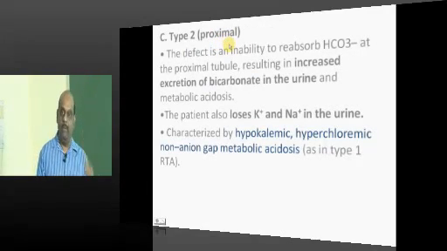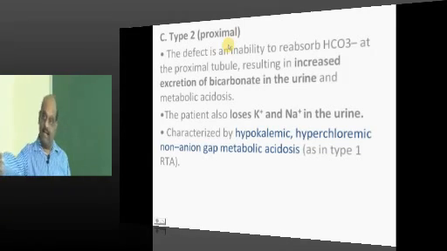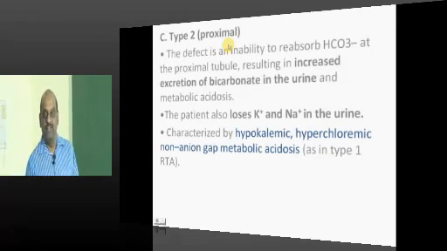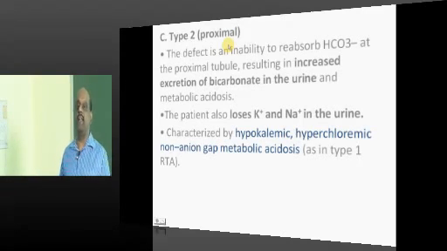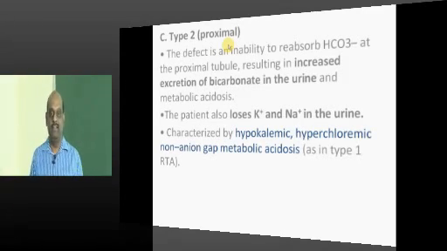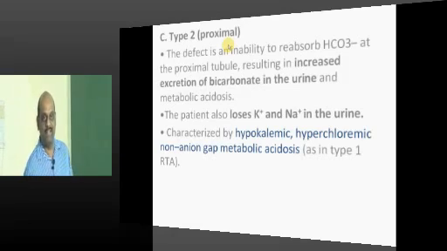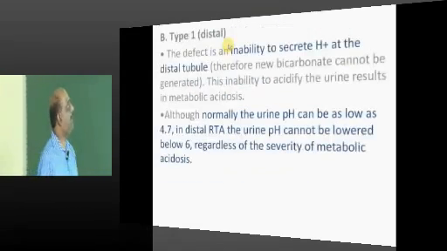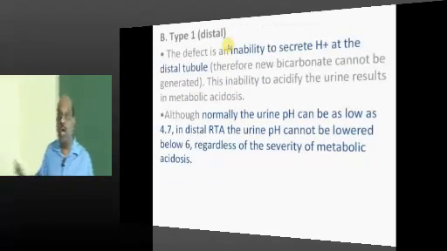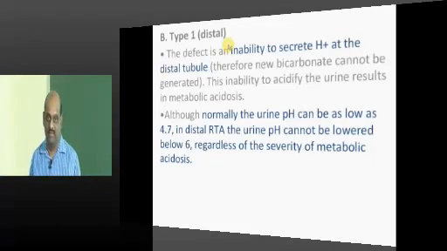Fine, that also forgiven. Then instead of calling type 3, he directly jumped to type 4. So somebody who did not know mathematics and got seat into medicine is responsible for all these problems.